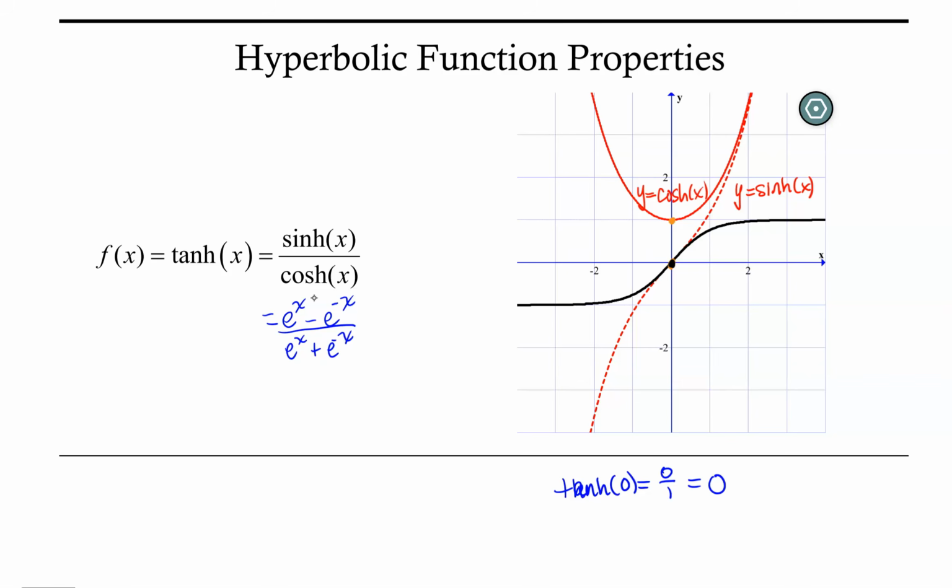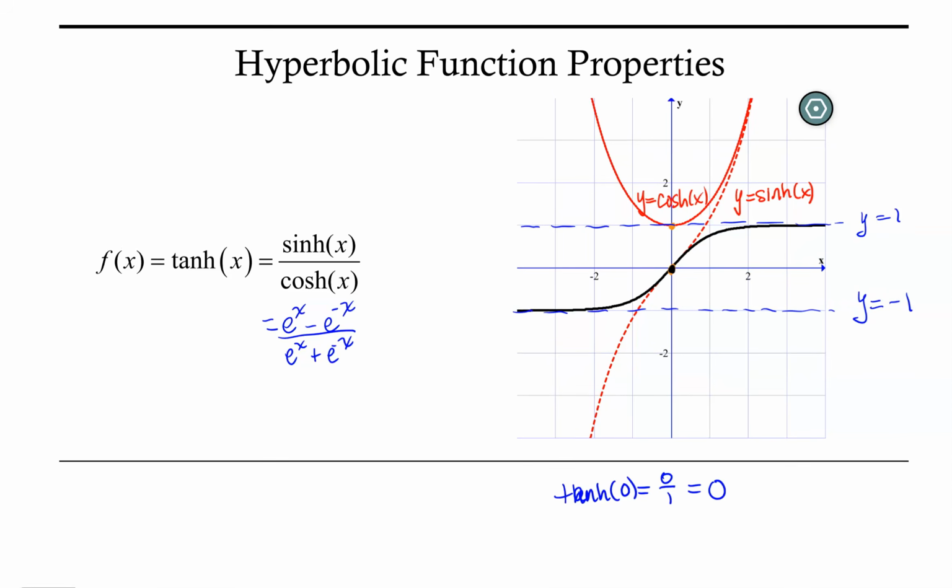We can also notice that the tanh function has two horizontal asymptotes, at y equals 1 and another horizontal asymptote at y equals negative 1.